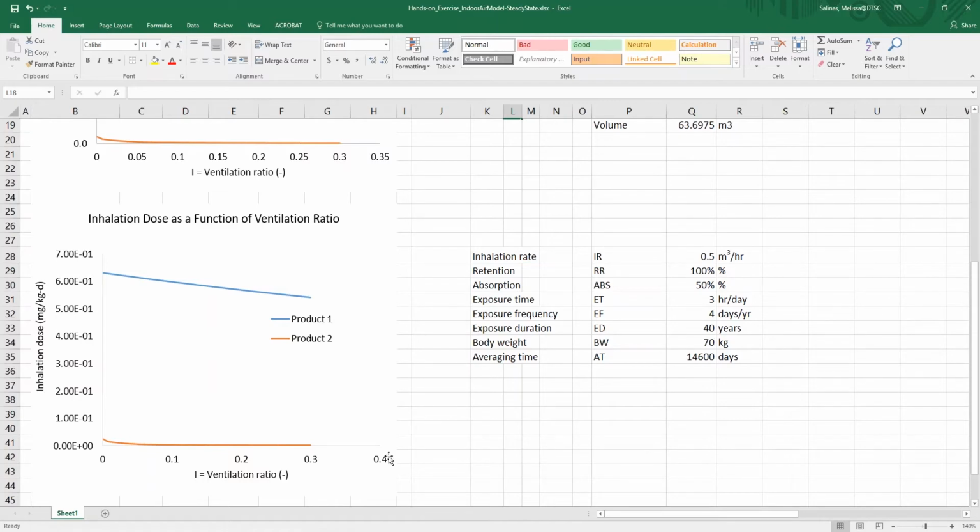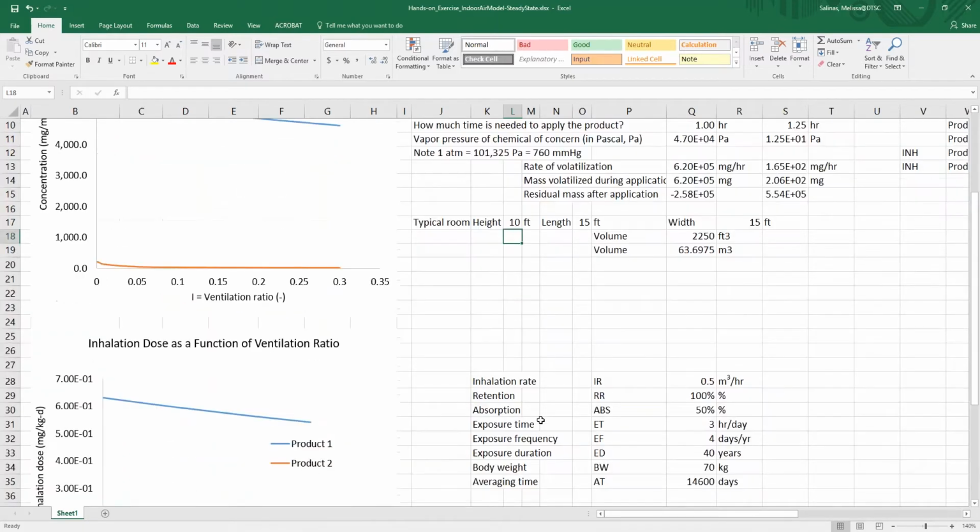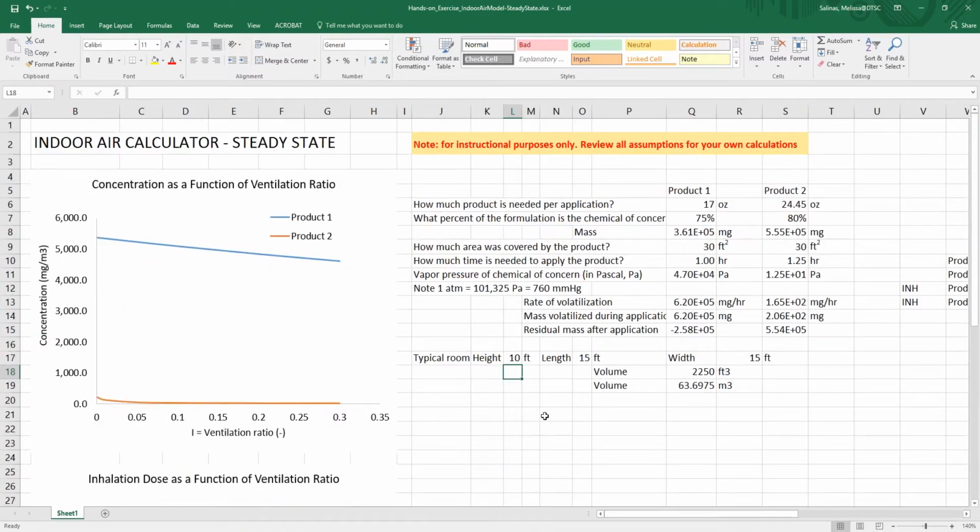We could play around with some of these values, for example, we could change these, but it just gives you an idea of how one goes about doing the calculations. You have the information that comes from how the chemical is used, and then some minimal information about the properties and the room to do the calculation, and then it does the calculations for the inhalation dose.